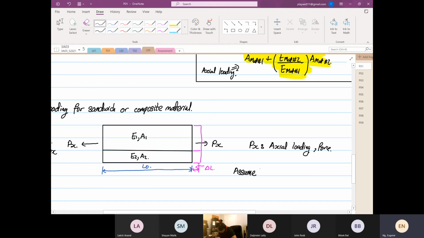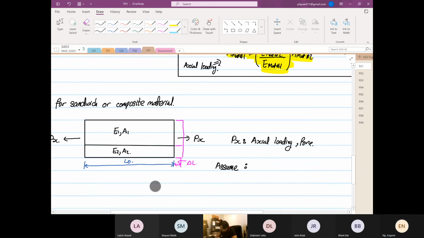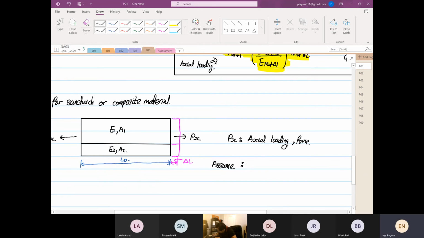So we assume that material 1 and material number 2 have the same change in length. We simplify it, we make that assumption.